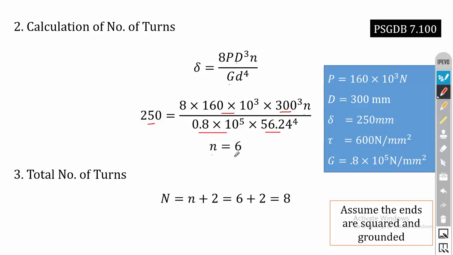By solving this equation, we will get number of turns is equal to 6. And in the problem, the end conditions of the spring are not given, so I have assumed that the ends are squared and ground. So capital N is equal to small n plus 2. So it is 6 plus 2, that is equal to 8.